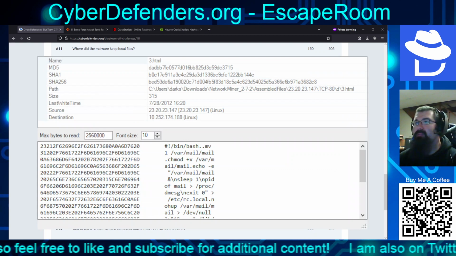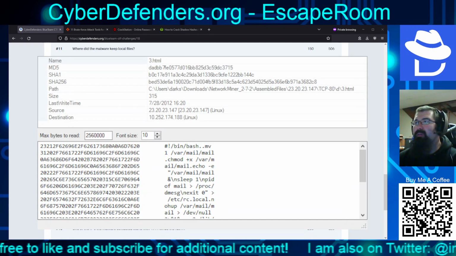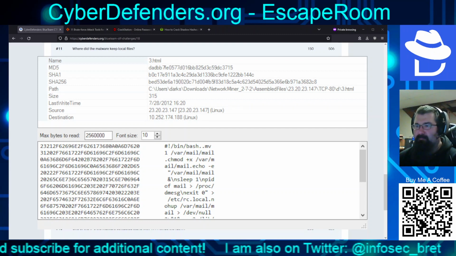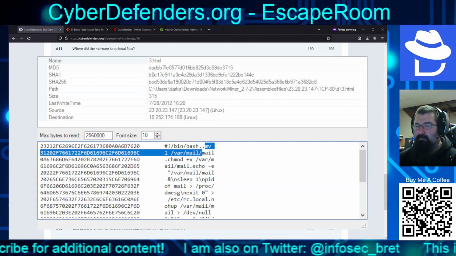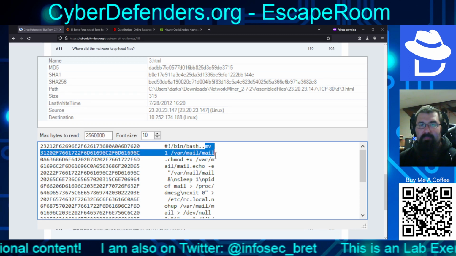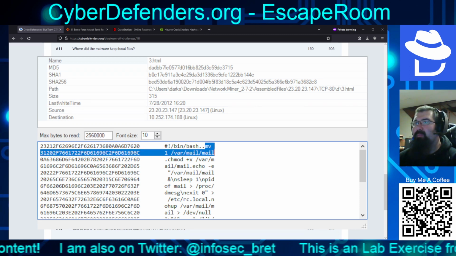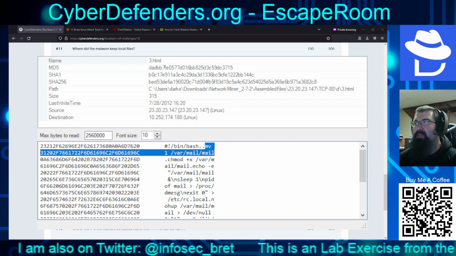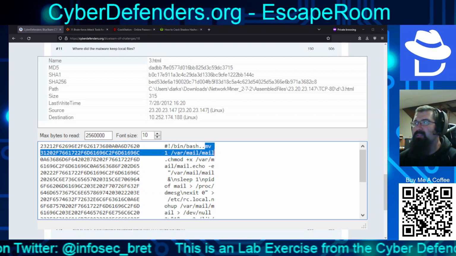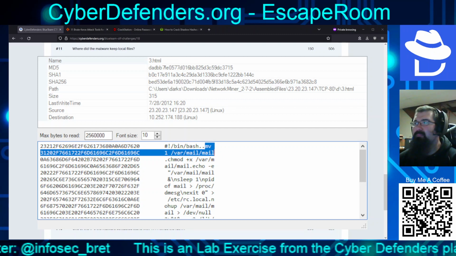So again, move 1 to var mail mail. But so it should be starting up because they modified rc.local. But there's no mail.